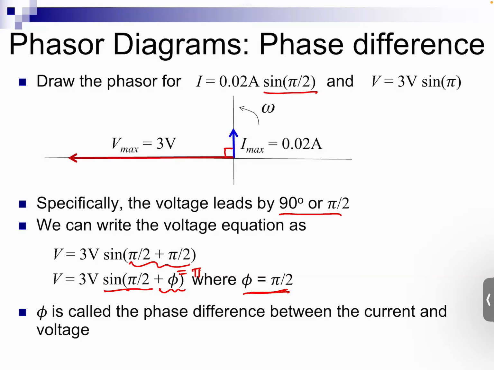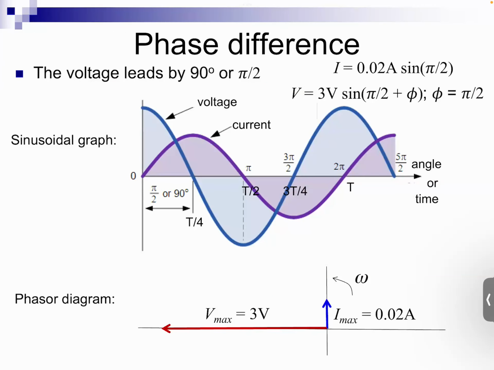With phasors, we're just talking about phasor diagrams at this point. So if we draw the sinusoidal graph for this phasor diagram, that means that the voltage leads the current by 90 degrees. So that's your current. Your voltage leads by 90 degrees, or pi over 2.